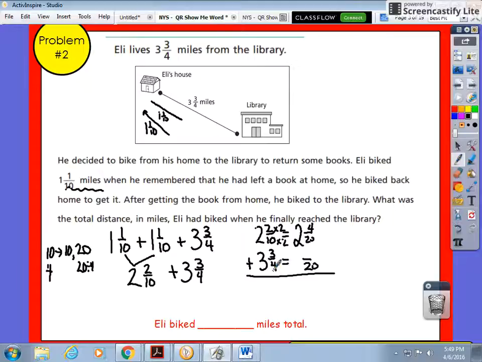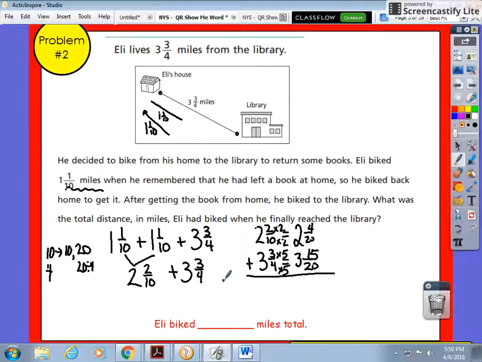Now let's look at our 3 3/4. To change that, I have to multiply 4 times 5 to get the 20 in the denominator. That means I need to multiply 3 times 5, and I would now have 15/20 as my equivalent fraction to 3/4. And I need to carry over my whole number. So now that I have common denominators, I'm all set to add.